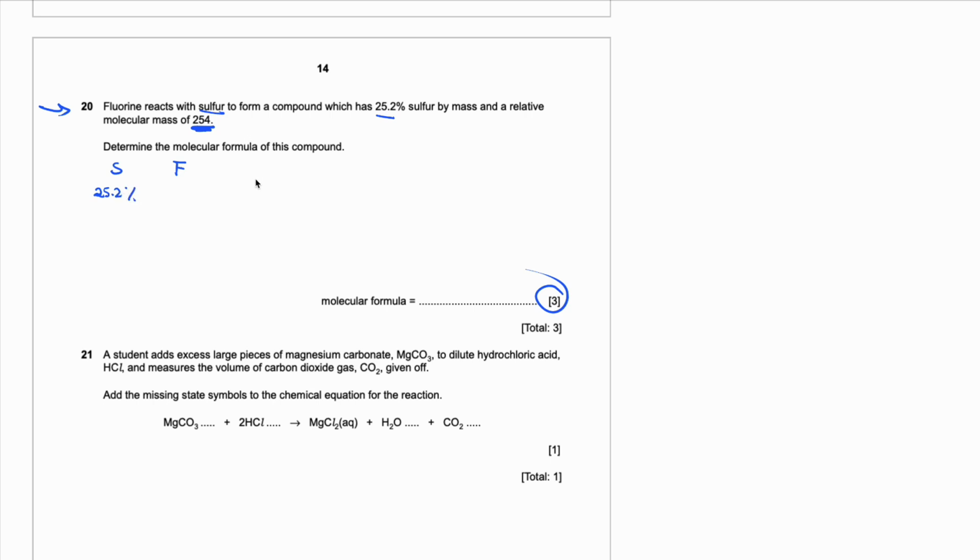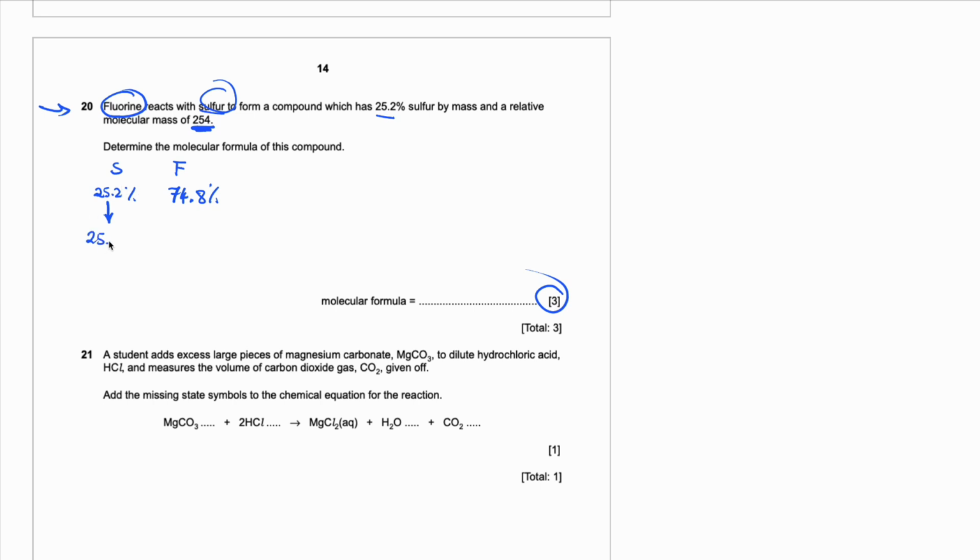The percentage of fluorine was not given directly, but you can figure it out because all of them should add up to 100, as you have a compound formed of fluorine and sulfur and nothing else. It means if sulfur is 25.2%, the remaining of the 100 is for fluorine, which is 74.8%.